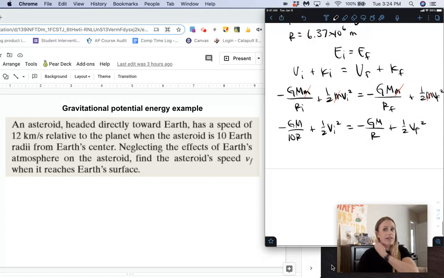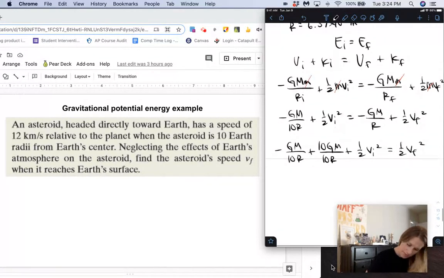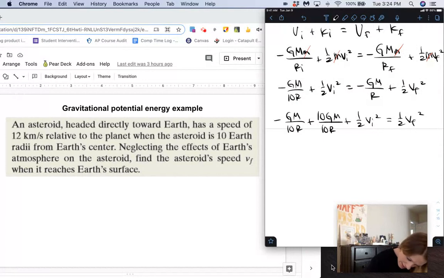And now I'm going to add that negative GM over R to both sides and combine it with the negative GM over 10R. But first I need to make a common denominator. So I end up getting negative GM over 10R plus 10GM over 10R plus 1/2 v initial squared equals 1/2 v final squared. So here we get 9GM divided by 10R plus 1/2 v initial squared equals 1/2 v final squared.